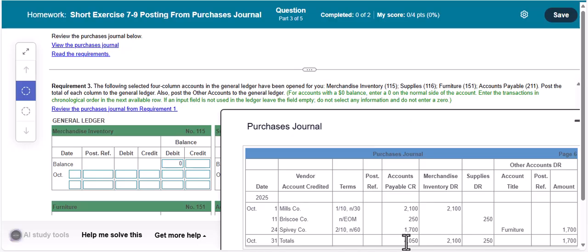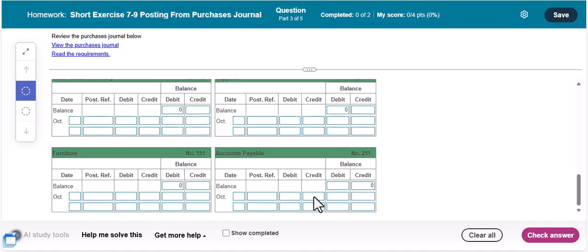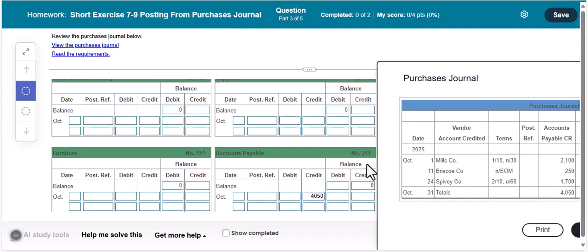Start from the left side and work your way over. So we have 4,050 here in the accounts payable as a credit. So we will find our accounts payable and get that credit of 4,050. Now what date are we doing this on? This is posted at the end of the month here. So this is October 31st.